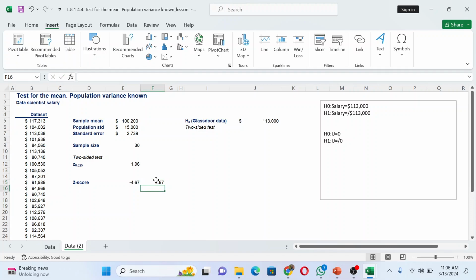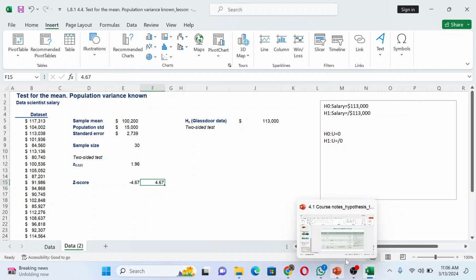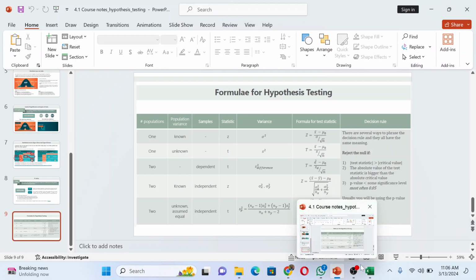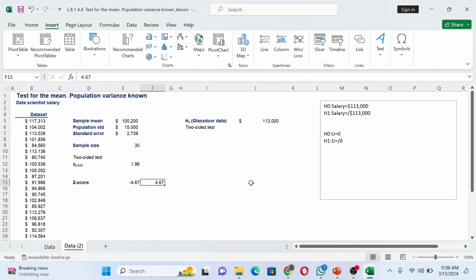You don't consider the negative, you work with the absolute value in statistics. So going back to our decision, we reject the null hypothesis if the test statistic is greater than the critical value. So let us go back. Test statistic greater than the critical value.